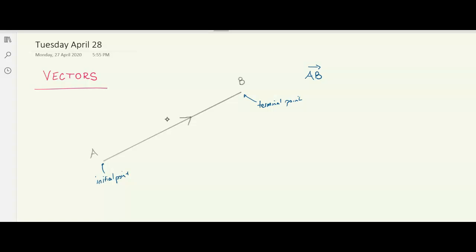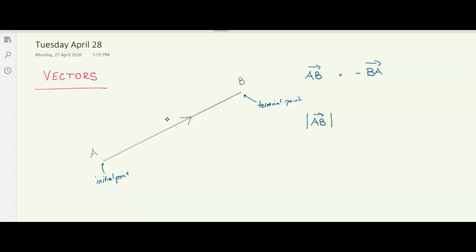If it's going in the other direction, BA is the negative of AB. What else can we say about the vector initially? If we want to establish the length of AB, then we would write it like so.